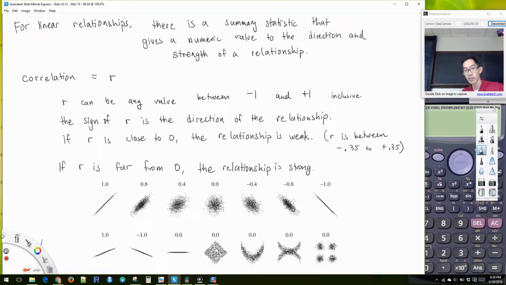As the amount of scatter gets smaller and smaller, here we've got a stronger relationship of negative 0.8. And when the points line up perfectly in a straight line, you have a correlation of negative 1. So when R equals minus 1, you have a perfect straight line, and when R equals plus 1, you also have a perfect straight line.